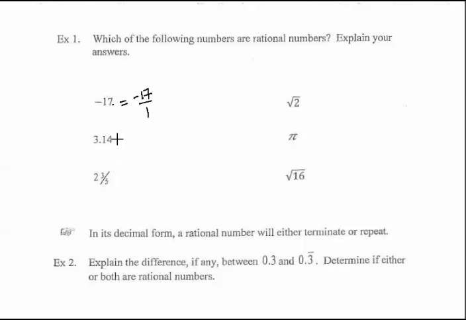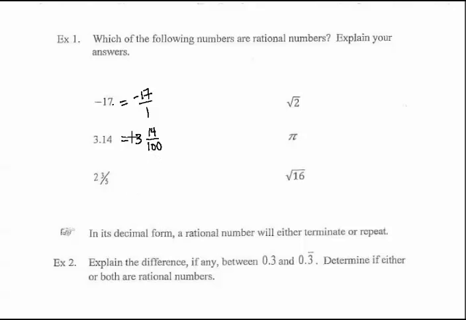Okay, 3.14. This number can be written as a fraction. We simply write 3 as the whole part, and then we take 14, and the 1 is in the tenths place, 4 is in the hundredths place. So what we're looking at to the right of the decimal point is 14 hundredths.